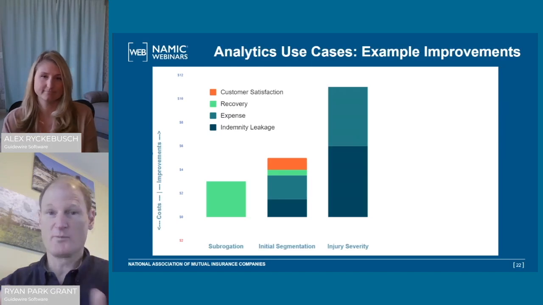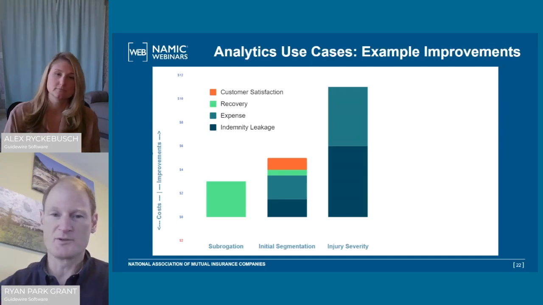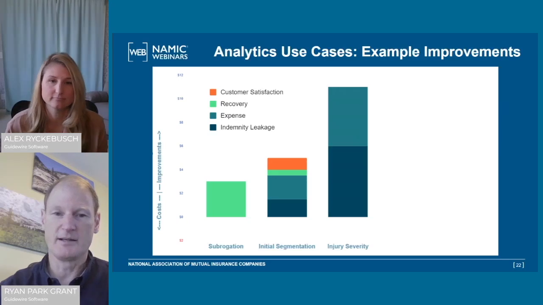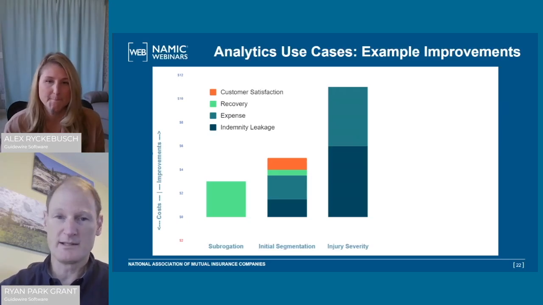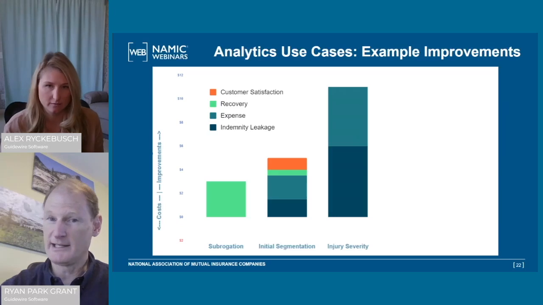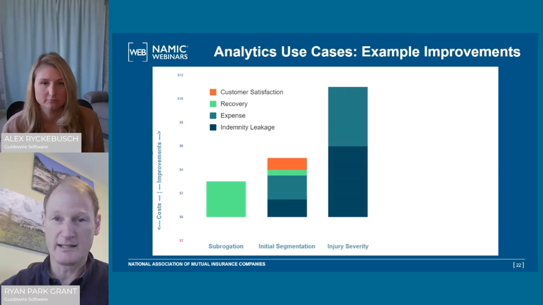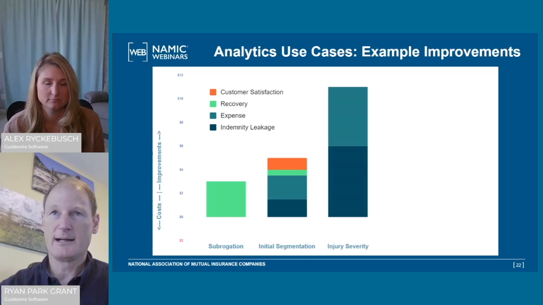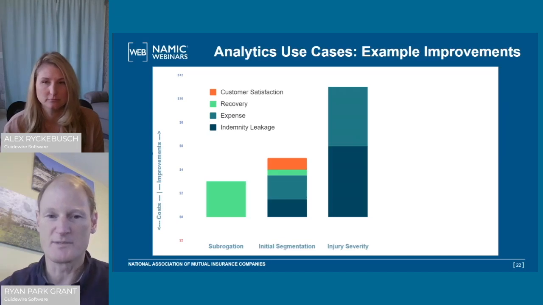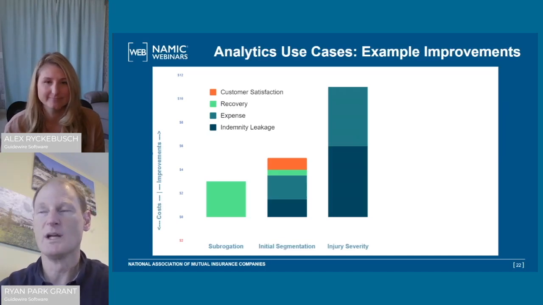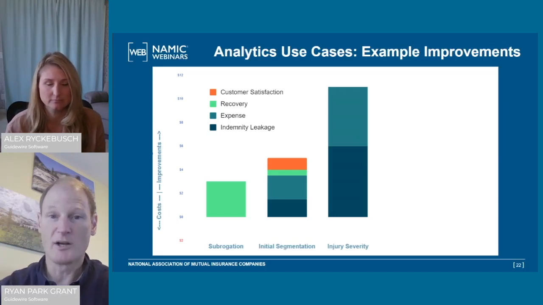But within this realm, it is really not unusual to see 10% and higher improvements, both on the indemnity side by getting in and settling claims sooner and not letting things escalate, as well as on the expense side, because once something goes to litigation, as you all know, your expenses are through the roof.